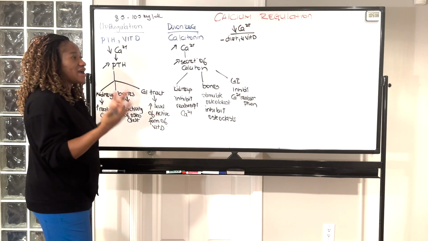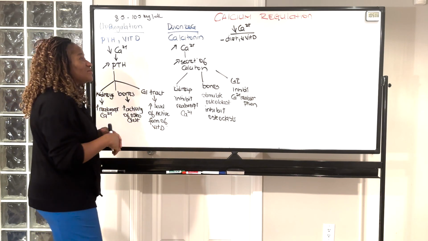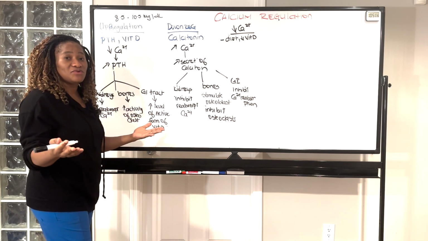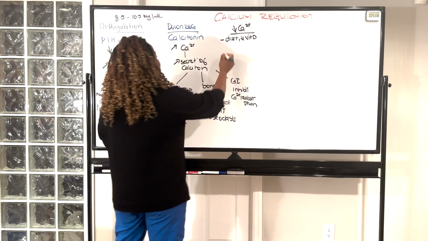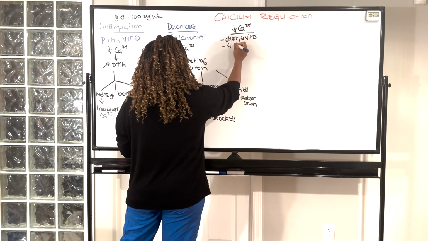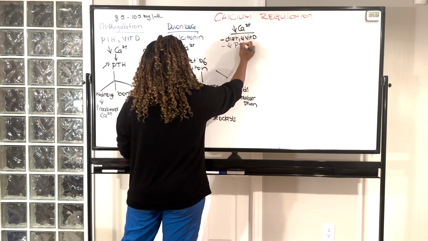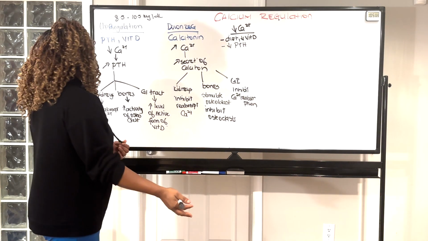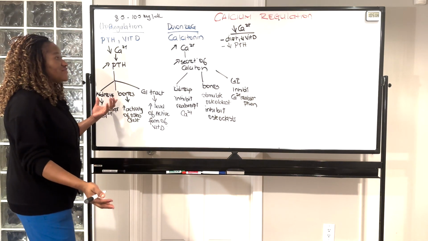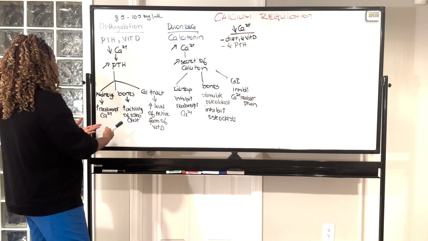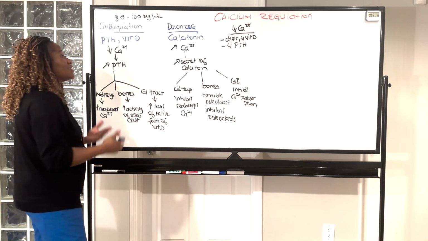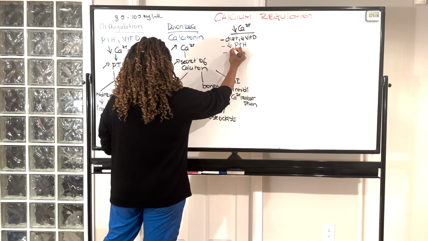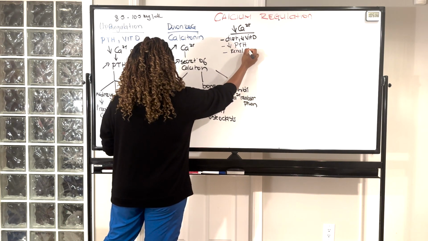Maybe we have a hypoparathyroidism, or we have a surgery that has to remove our parathyroid hormone. So decrease level of parathyroid through surgery or hypoparathyroidism. If we have kidneys that don't function properly to reabsorb the calcium, we can have low calcium level. So renal insufficiency.